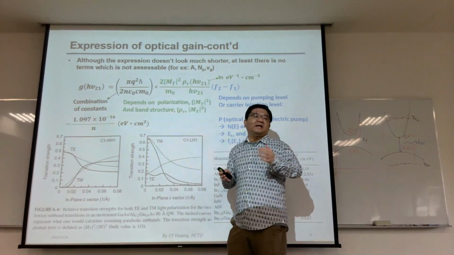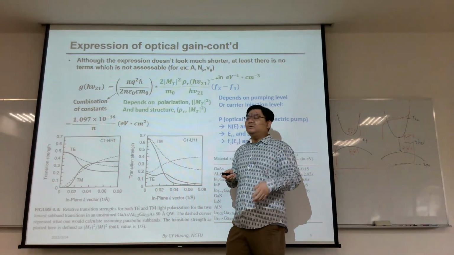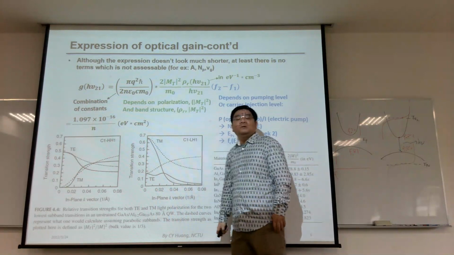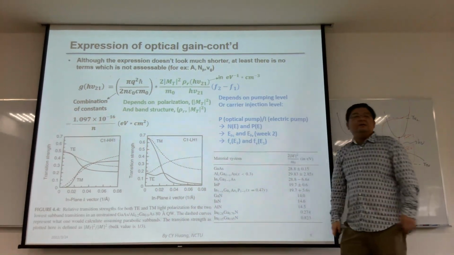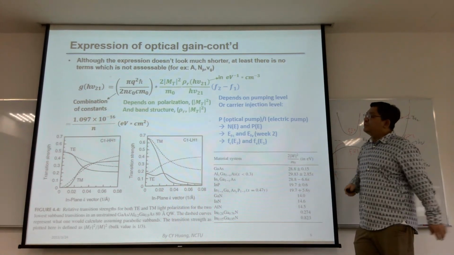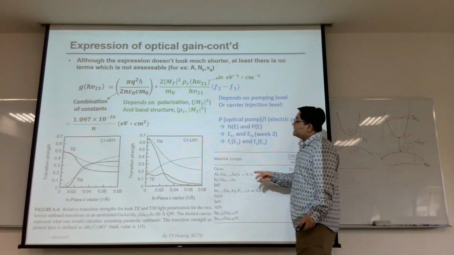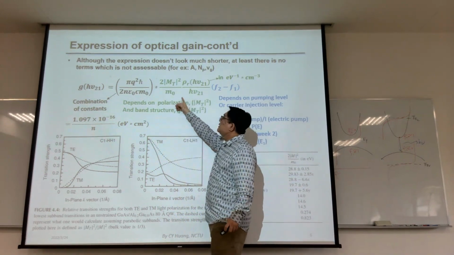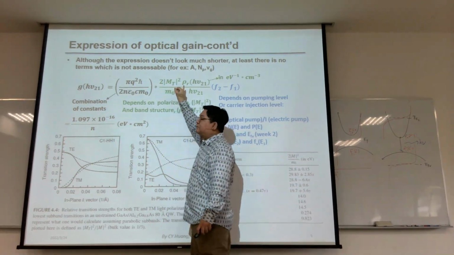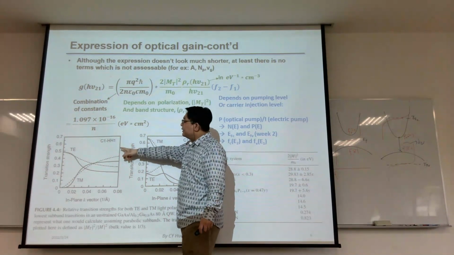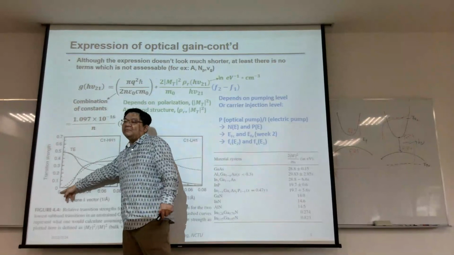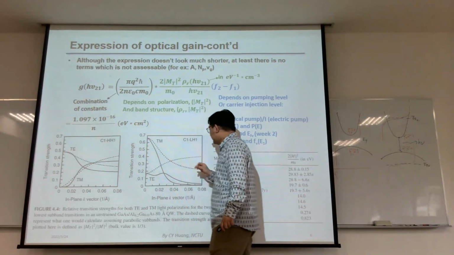Probably 10 times higher is already very high. So all common materials have a close range of Gmax, and since the momentum matrix element squared divided by m squared is also pretty close.